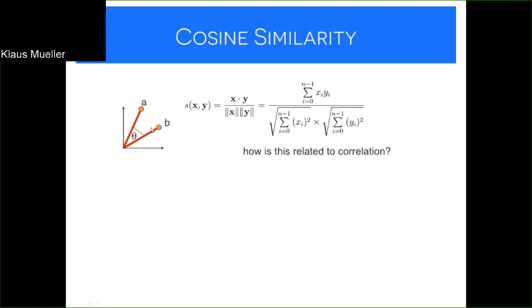Then you get the cosine distance, which is not the angle, it's the cosine of the angle. The bigger the angles are, the less sensitive it gets, so faraway differences in angle get less and less pronounced because of the cosine function.